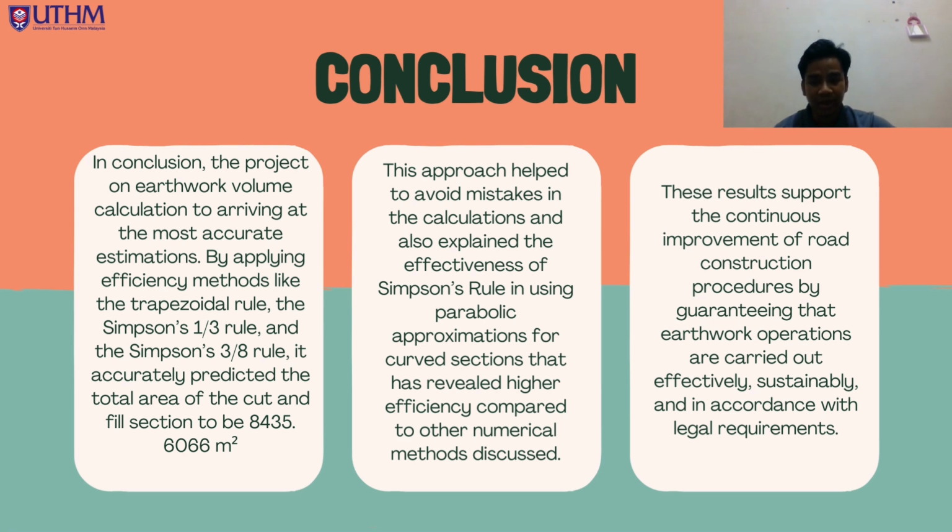It accurately predicts the total area of cut and fill section to be 8,435.6066 square meters. And this approach helped to avoid mistakes in calculation and also explains the effectiveness of Simpson's rule in using parabolic approximation.